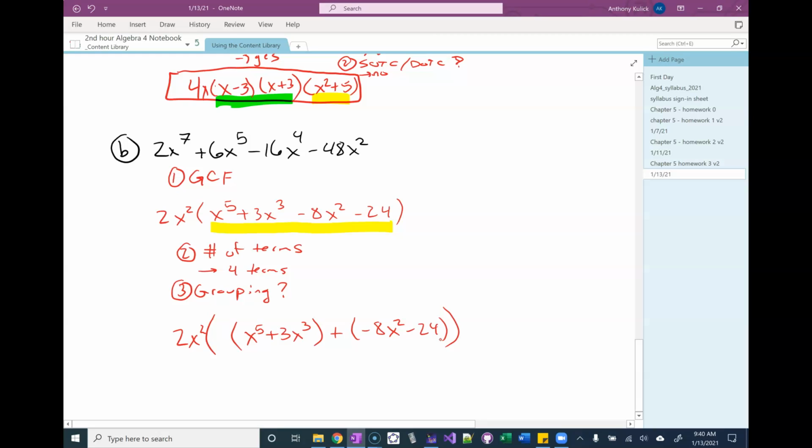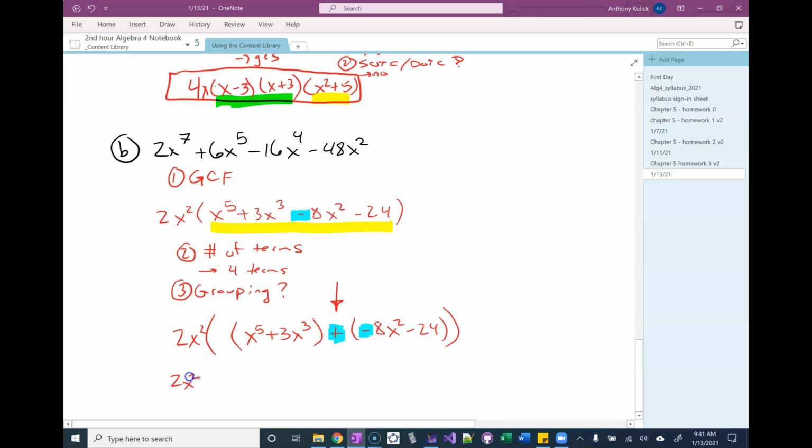Notice here, though, importantly, the problem was minus 8x squared. And really, I wrote this as plus a negative, right? Always have to have a plus sign there in between our 2 groups at that grouping step. So if there is subtraction, it's an easy workaround because we just write it as plus a negative.